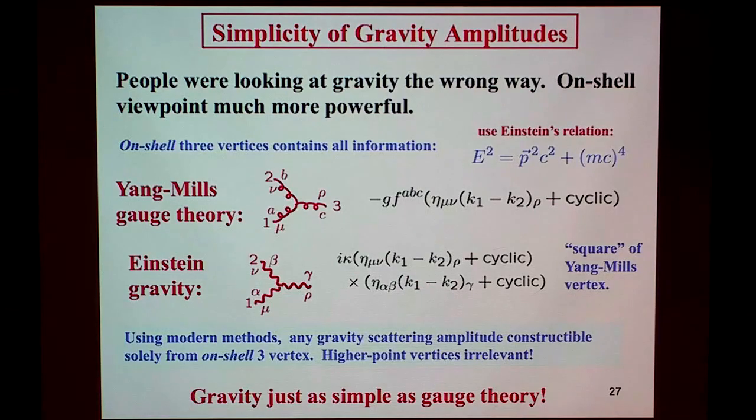It might look like an accident. In fact, it turns out that all the information of Einstein gravity, as long as we're thinking about scattering of gravitons, is all contained right here. And in fact, gravity is just as simple as gauge theory. That's the correct statement. Gravity is not more complicated than gauge theory. And we're going to exploit that.